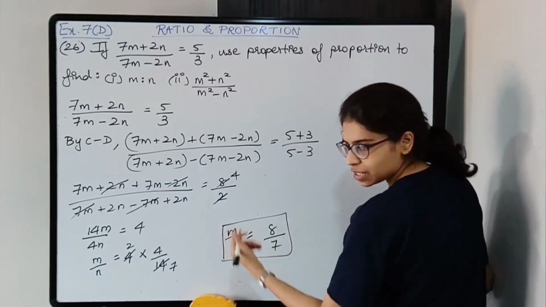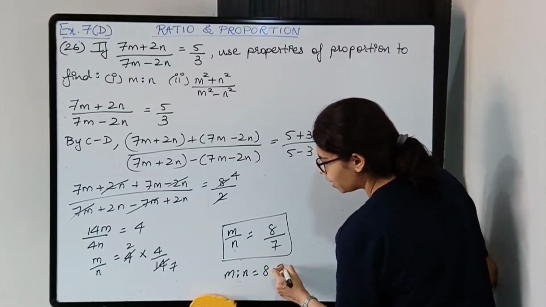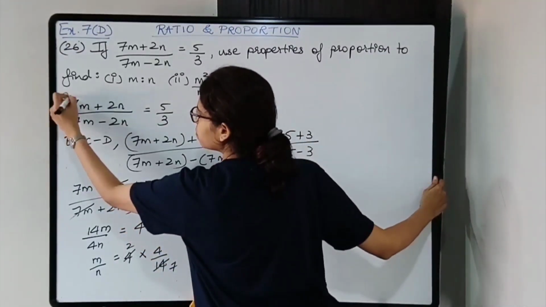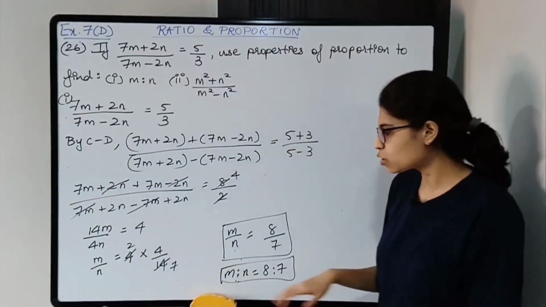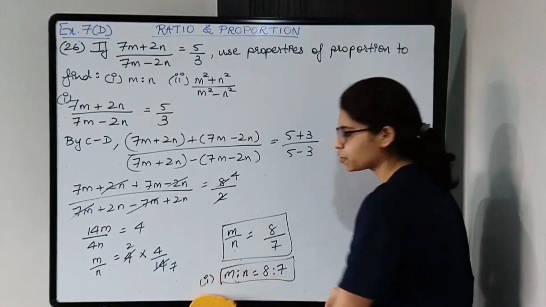Don't box this, instead box the next one, m is to n is equal to 8:7. Write it in this form. This is the first part of the question. So m is to n is equal to 8:7. We found the solution to the first part.